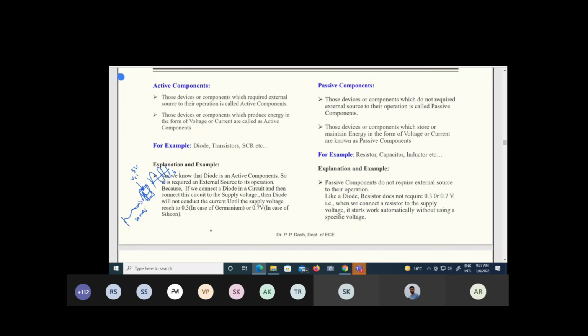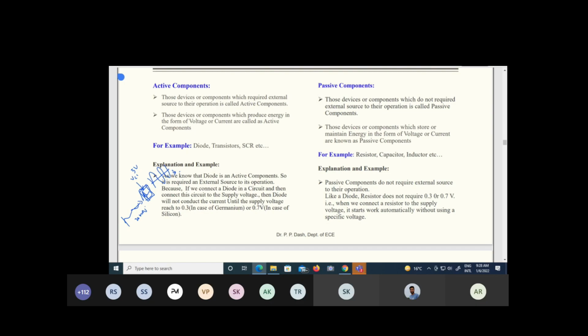We can measure significant current in the diode only when the applied voltage exceeds the junction voltage. What the junction voltage is and how it is biased, we'll discuss in detail. Without this required voltage, the diode cannot be operated.